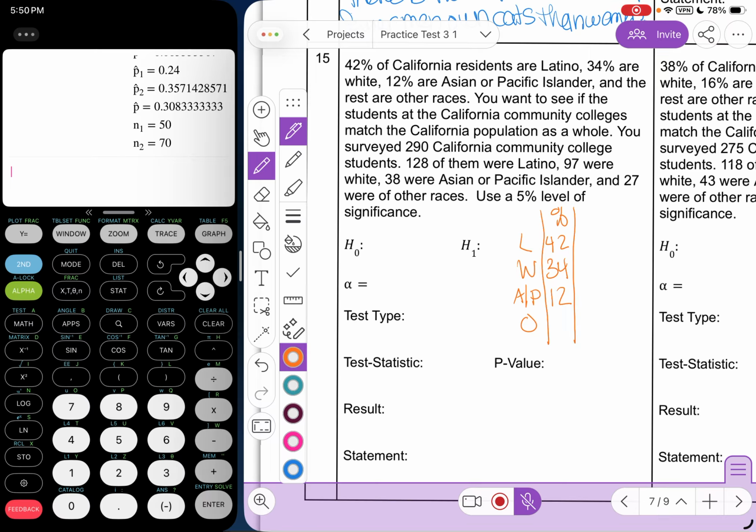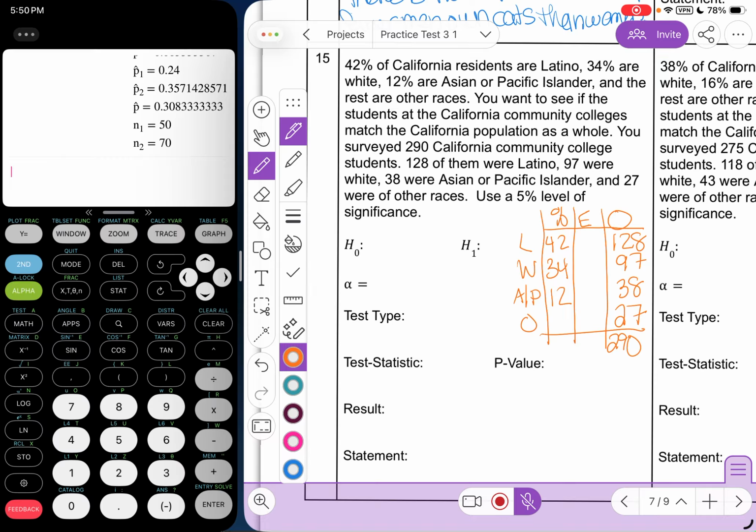You want to see if the students at the California community colleges match the California population as a whole. So we're trying to say, does it match? Okay. You surveyed 290 community college students. 128 of them were Latino, 97 were white, 38 were Asian or Pacific Islander, 27 were of other races. Use a 5% level of significance.